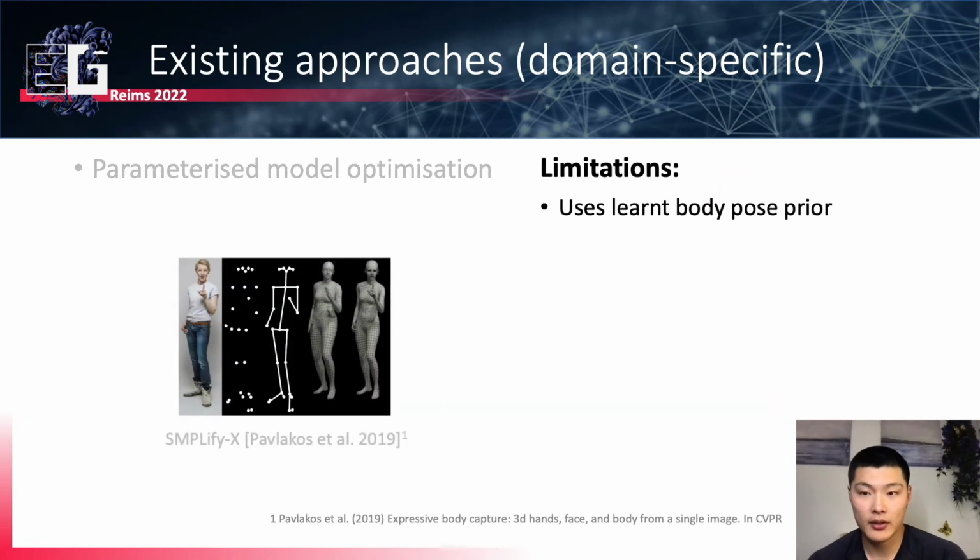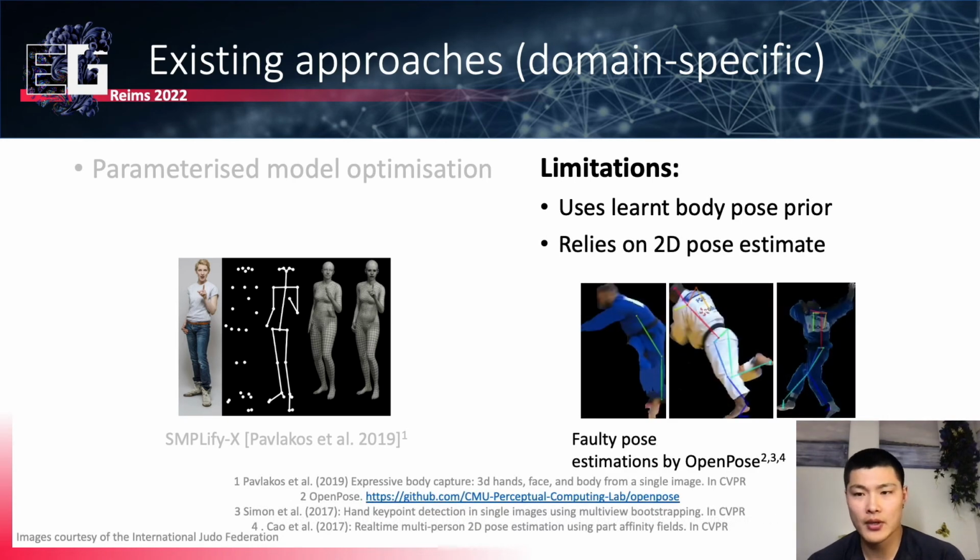SMPLify-X does not directly rely on learning, but it is still limited by prior data biases because it uses a learned body pose prior that discourages rare poses during the optimization. Furthermore, the reliance on a reduction of the target image to a 2D pose estimate is another limitation. That is because the estimates can often be faulty, and SMPLify-X then optimizes against those faulty estimations, which means that the best possible results will be faulty too.